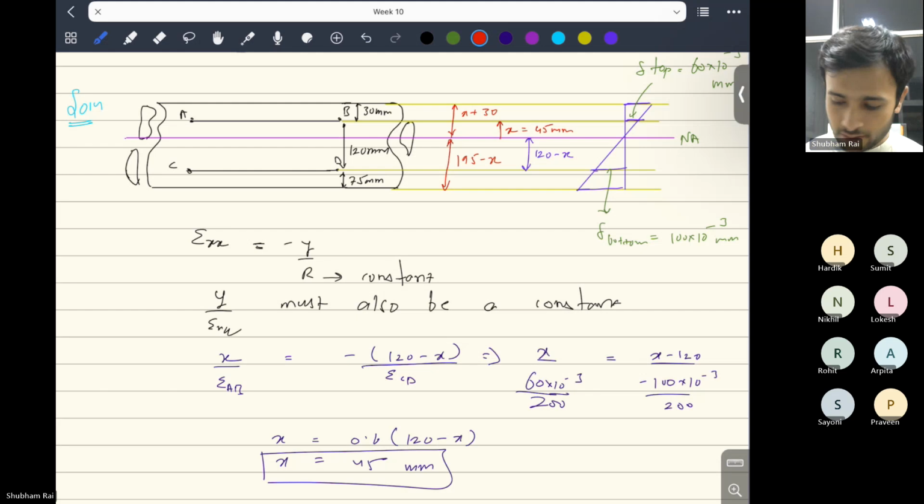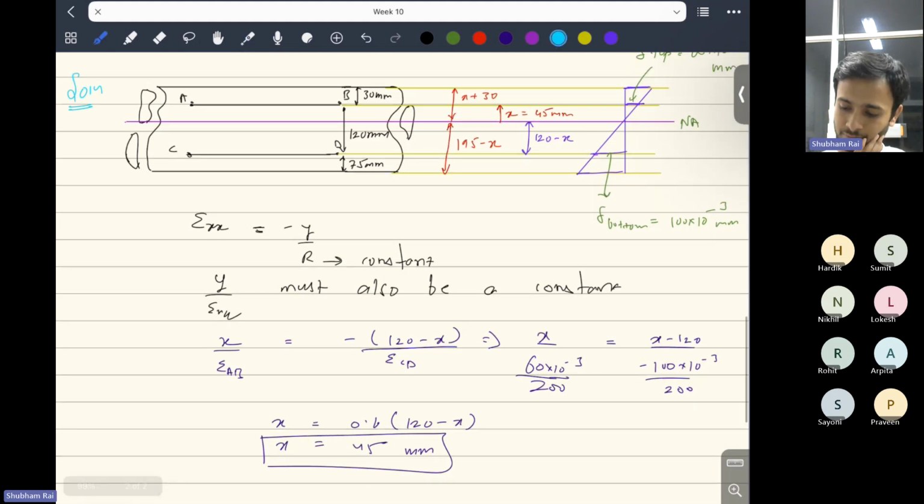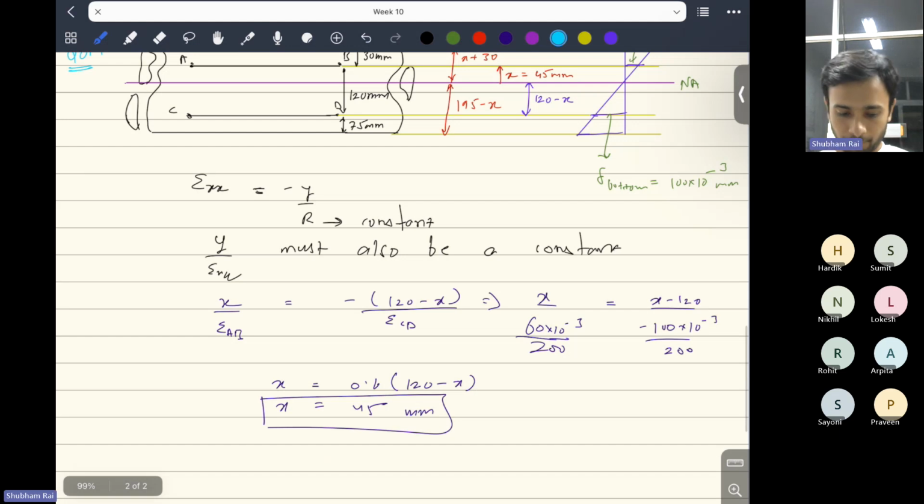Okay. Once we have this, we can find the strain at any point, right? So let's say we want to find the strain in this topmost fiber, right? That is at a distance of x plus 30 from the neutral axis. If we do that, so now let me just write.